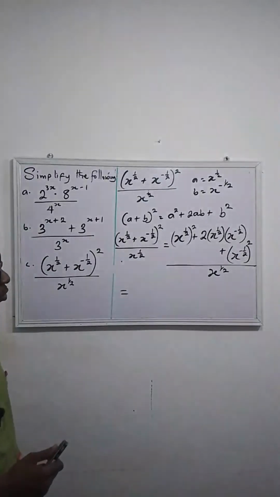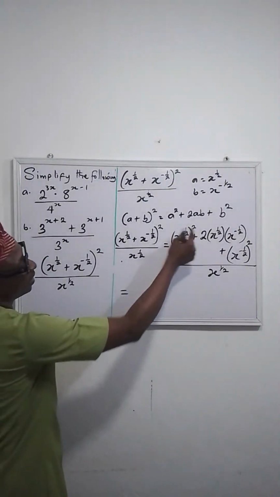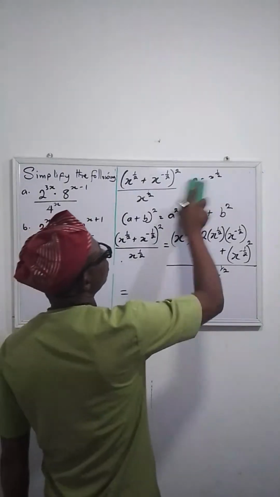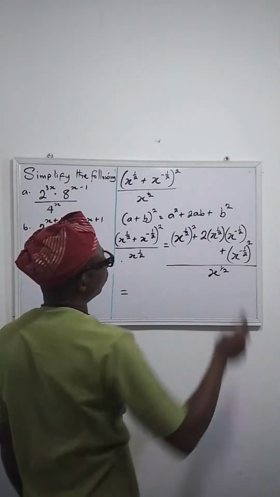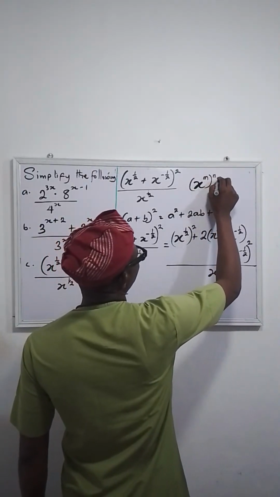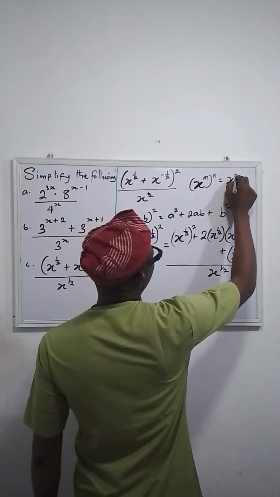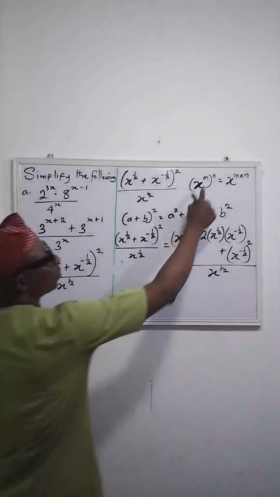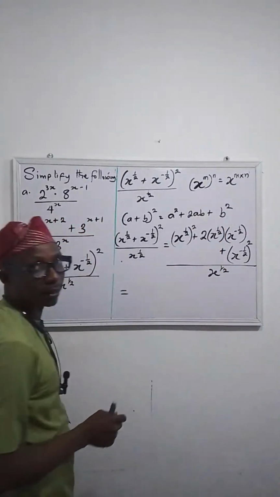So now to simplify this, I have to apply this law of indices. Whenever you have x raised to the power of m, raised to the power of n, the result is x raised to the power of m times n. So these powers will multiply each other.